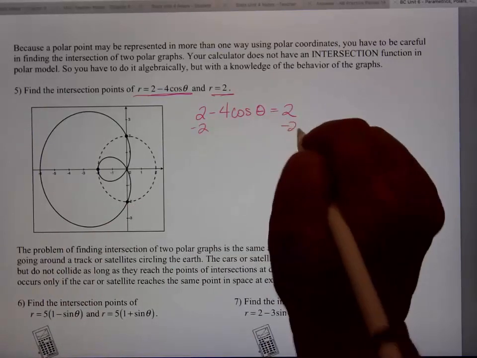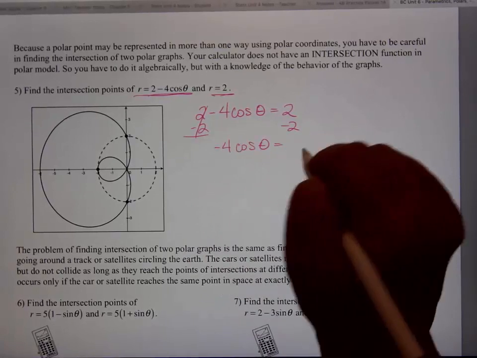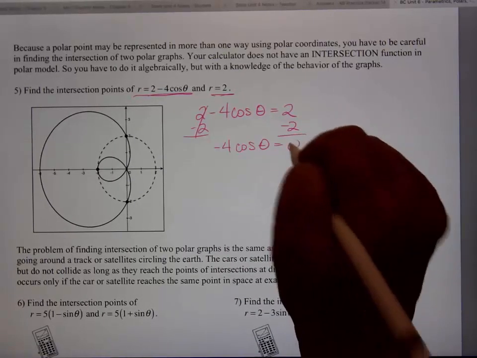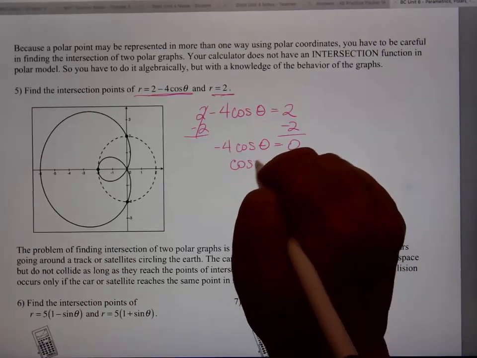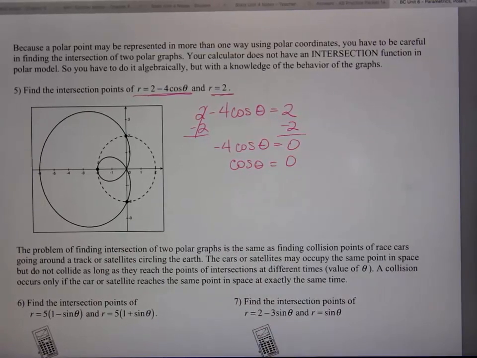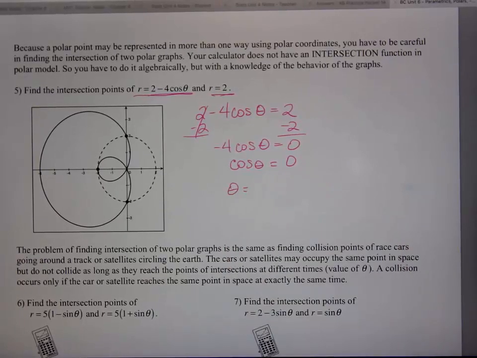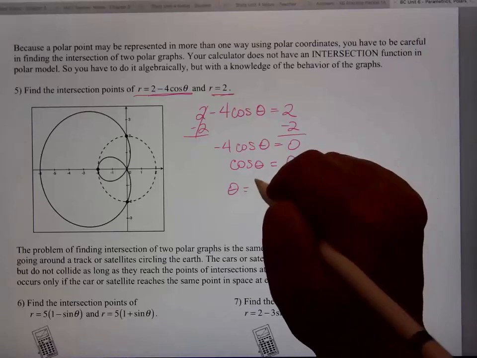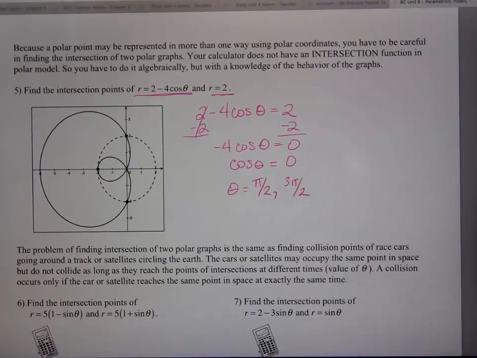Negative 4 cosine theta equals 0. Divide by negative 4. Cosine theta is 0. Where does cosine equal 0? At pi halves and 3 pi halves. Now, this is only going around once, so that's all the answers that I have.